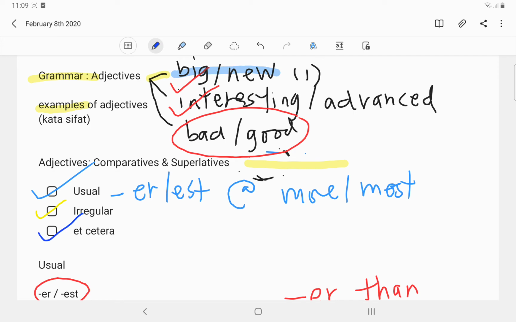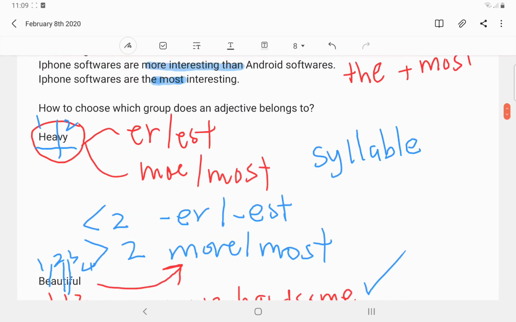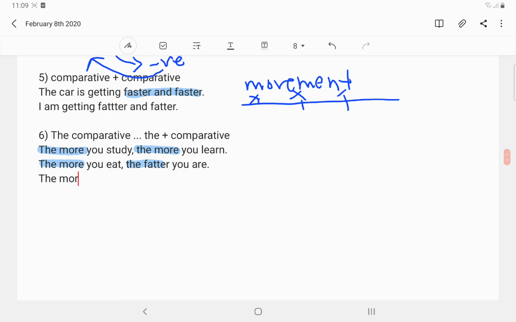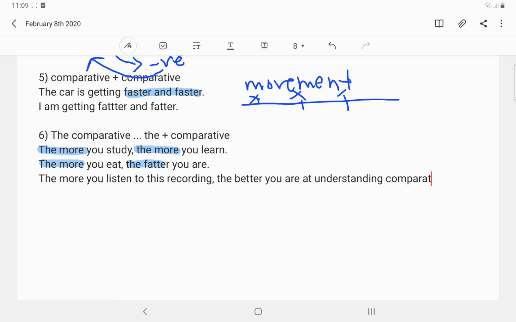So if you got any problem, you can always listen to this recording again and again, because the more you listen to this recording, the better you are at understanding superlative comparatives, adjectives, and superlatives. Okay.